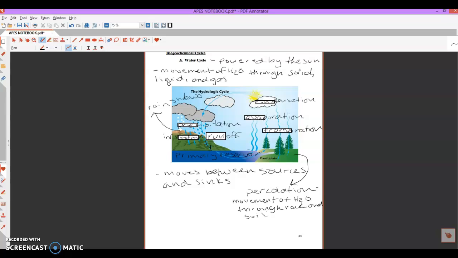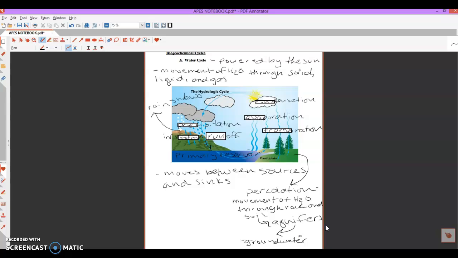Okay? And that's obviously going to be important for plant uptake, but also this creates what we call aquifers. Aquifers, which is groundwater that we drink from. And the ground actually does a really good job of filtering that water.